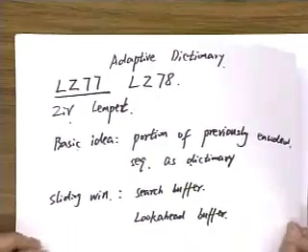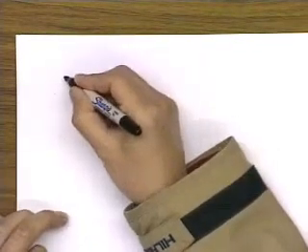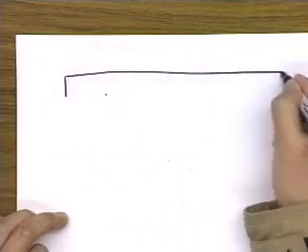I also use an example to explain how LZ1 works. So we have a long sequence of symbols.